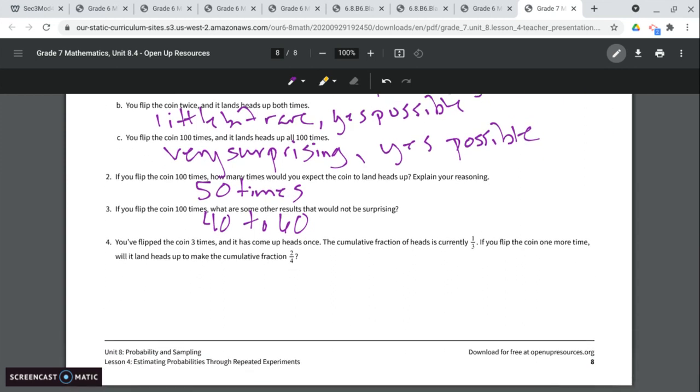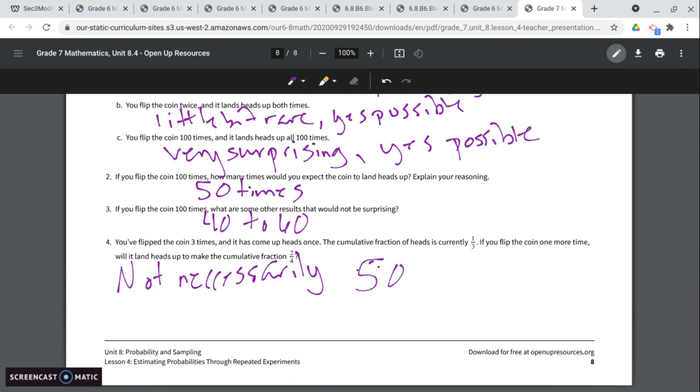For 4, you flip the coin 3 times and it comes up heads once. The cumulative fraction of heads is currently 1/3. If you flip the coin one more time, will it land heads up to make the cumulative fraction 2/4? Not necessarily. It could, though.